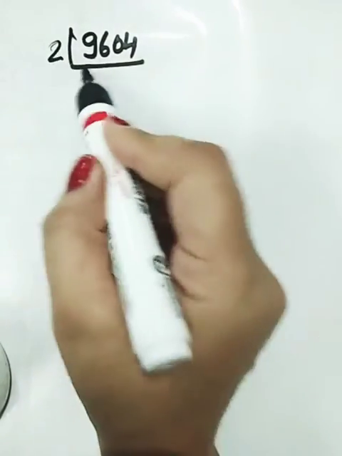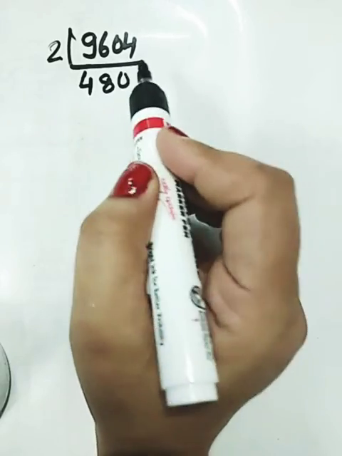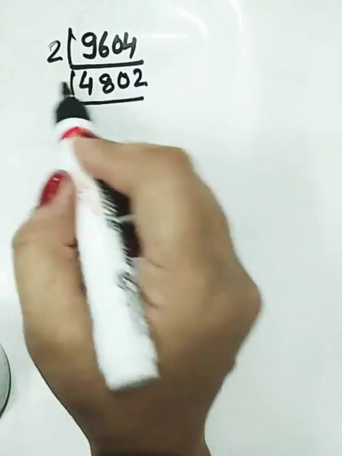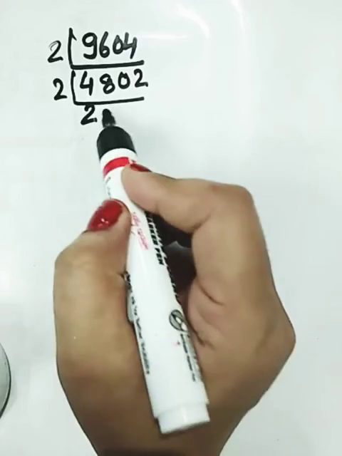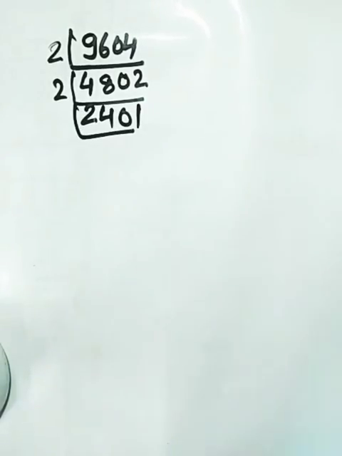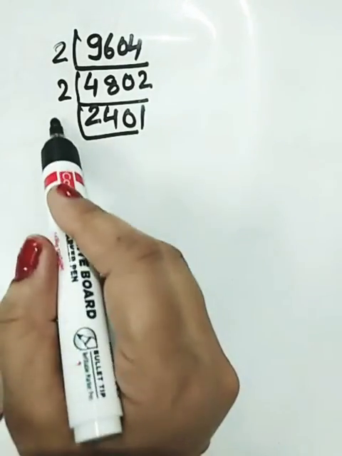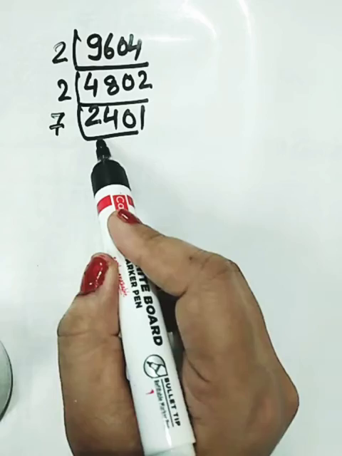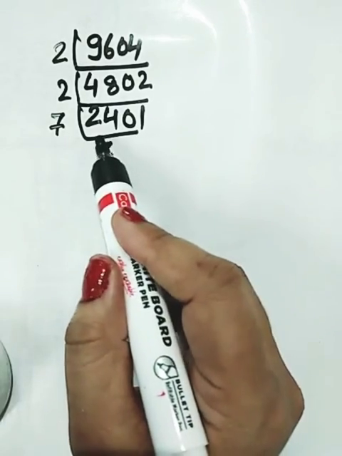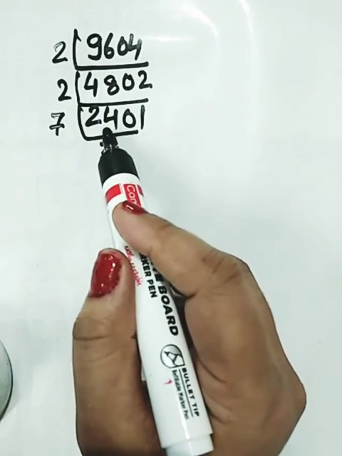9604. 2 4s are 8. 2 8s are 16. 0s are 0 and 2 2s are 4. 2 4s are 8, 0 and 1. Now it will not go with 3, it will go with 7. 7 3s are 21. 7 4s are 28. It will not go 3 times, it will go 7 3s are 21.